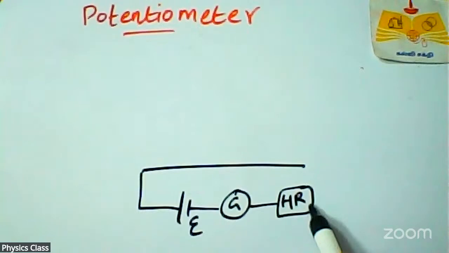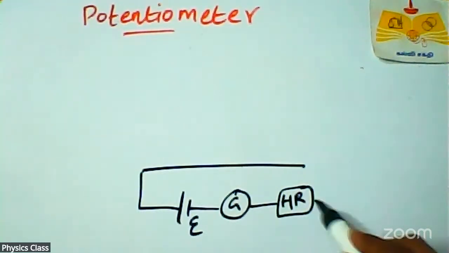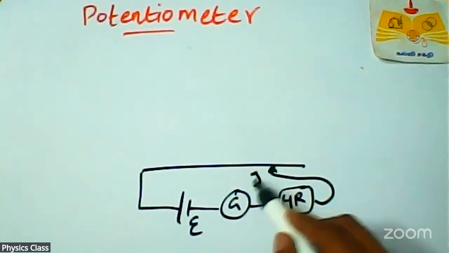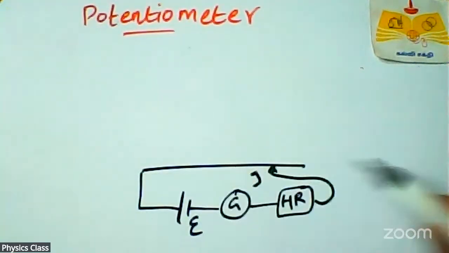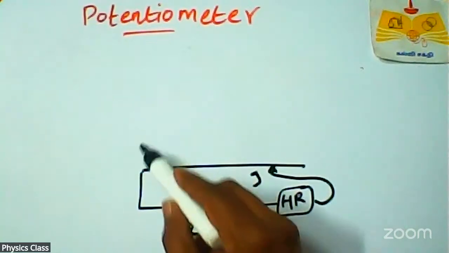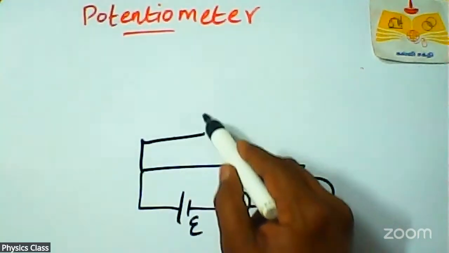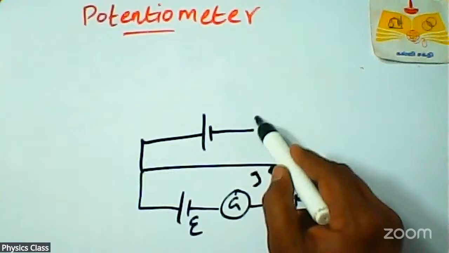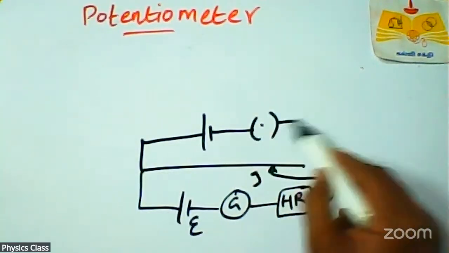So we have to include a high resistance here, and then it is connected to J, meaning the jockey, which slides over that wire. Here one battery, key and connector.